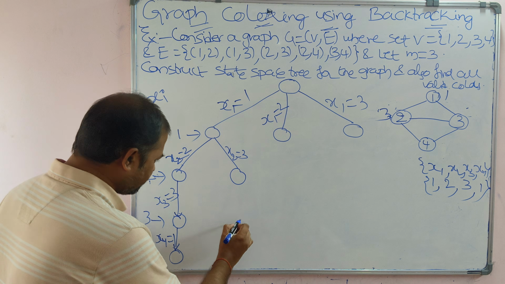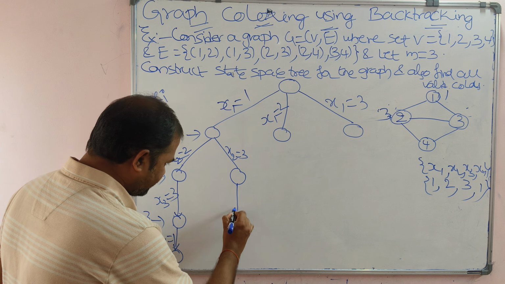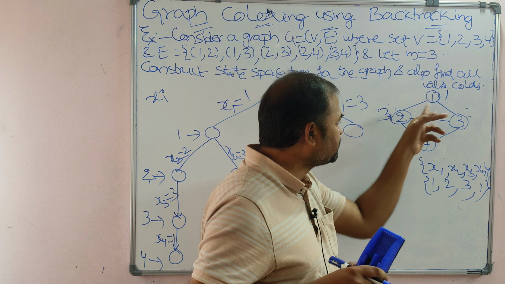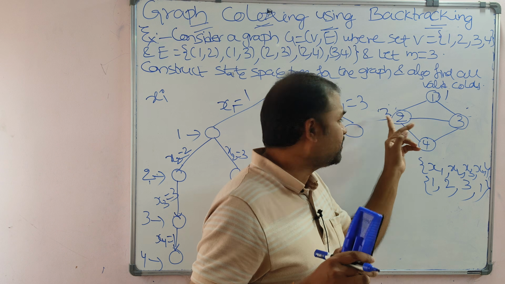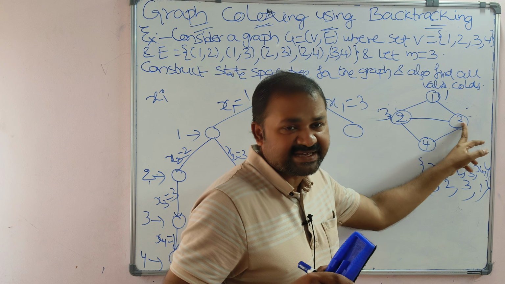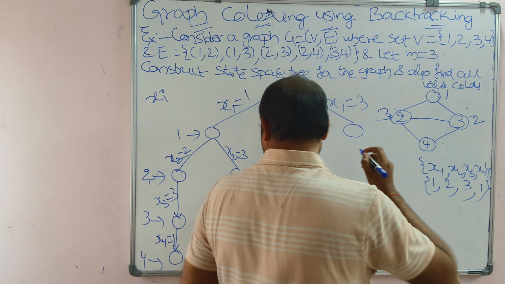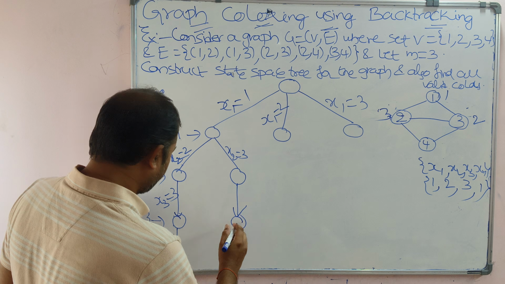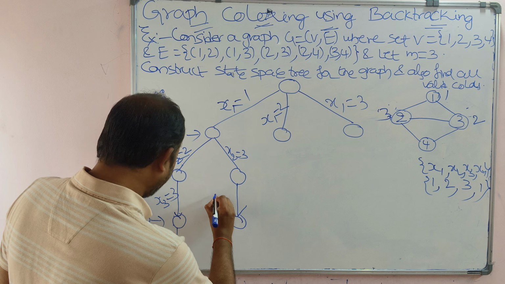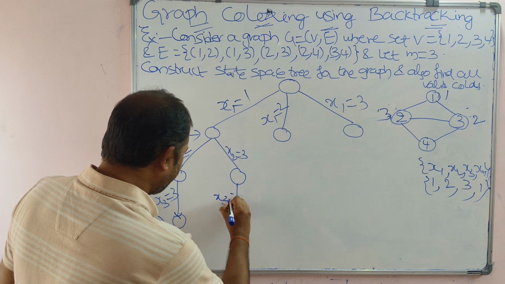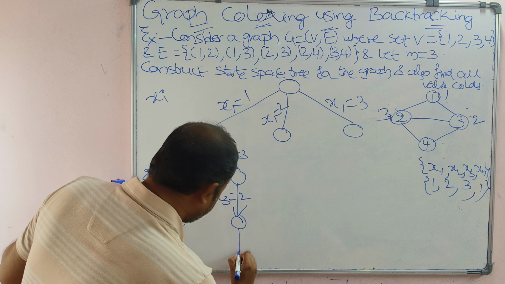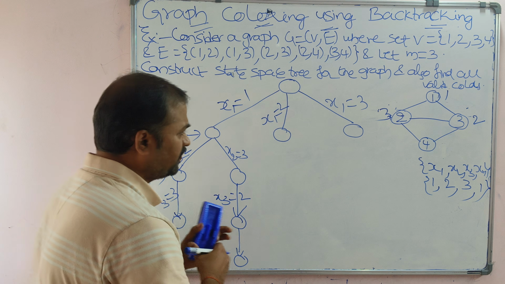Now let us focus on the third vertex. We can't use 1 and 3. Why? Because these two are adjacent vertices to 3. So we can use color 2. So x3 equal to color 2. Next, let us focus on the fourth vertex.